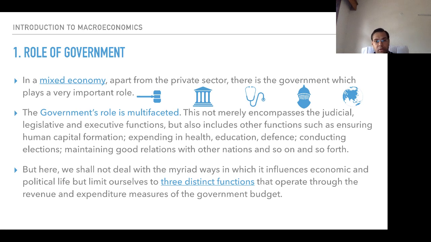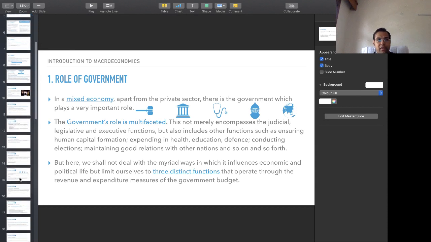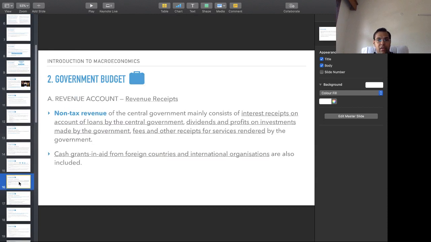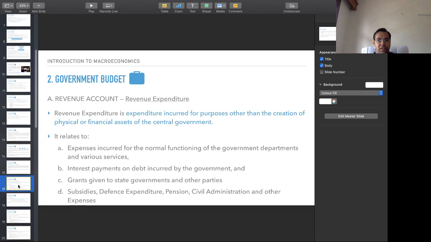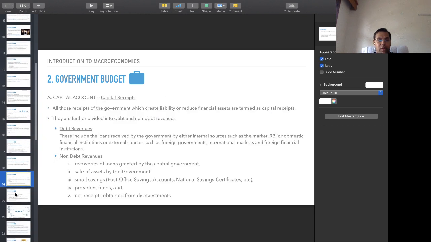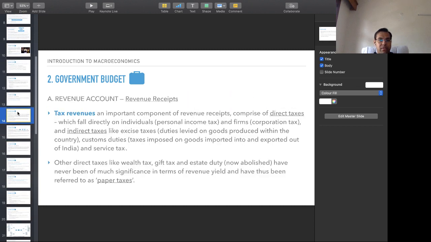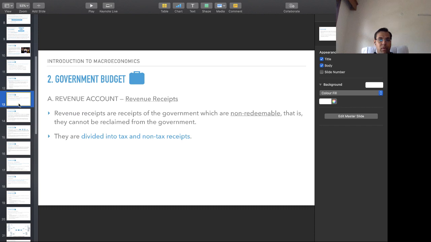This is what we had understood yesterday. We were discussing the government budgeting aspect, the revenues and expenditures, revenue account, capital account. So let's continue with the same. It is the government budget that we were talking about.